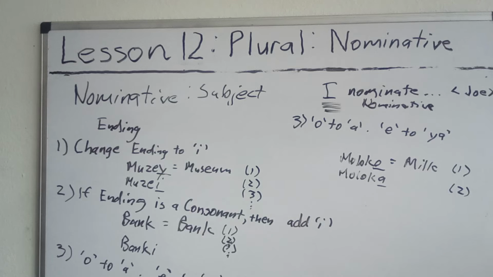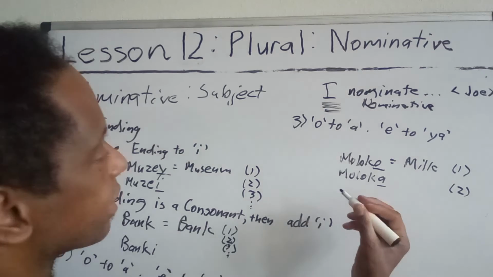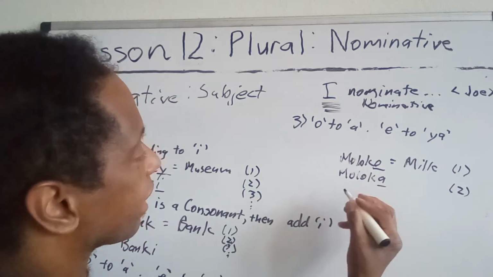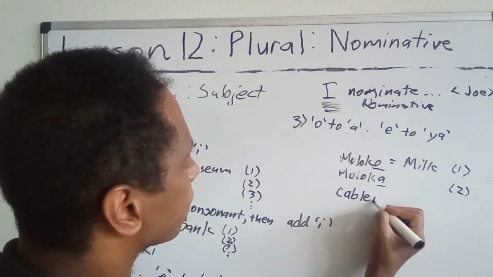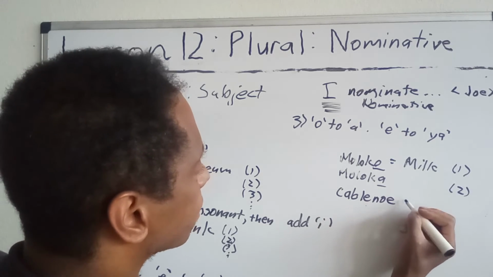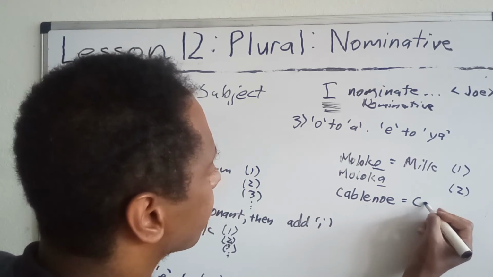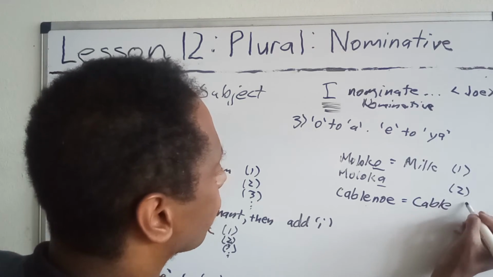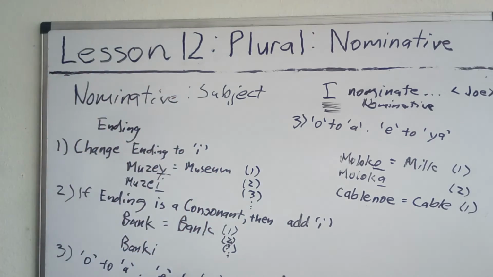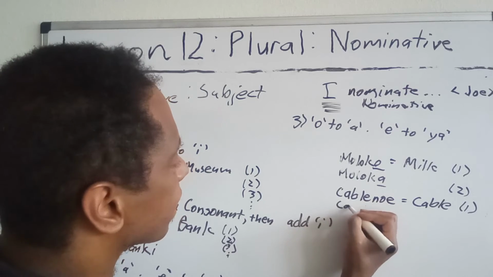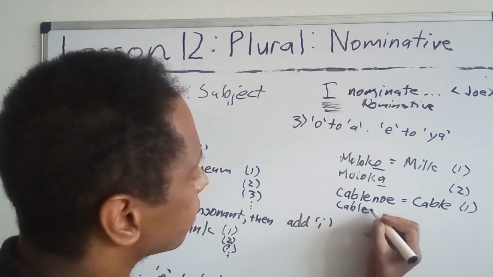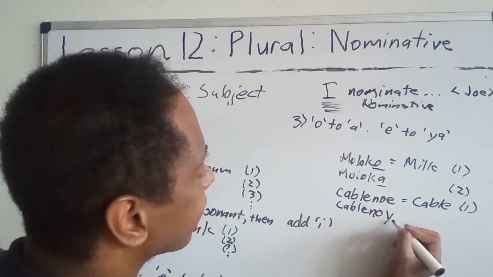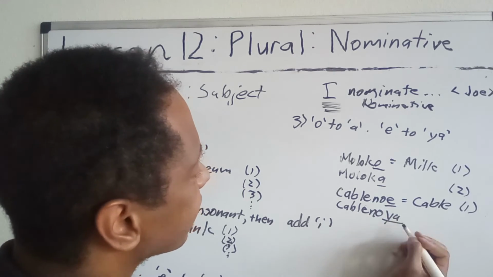Let's see. How about another example? Kabel means cable. Let's say it's one, and now you want to change it to plural. You change that A to Ya.